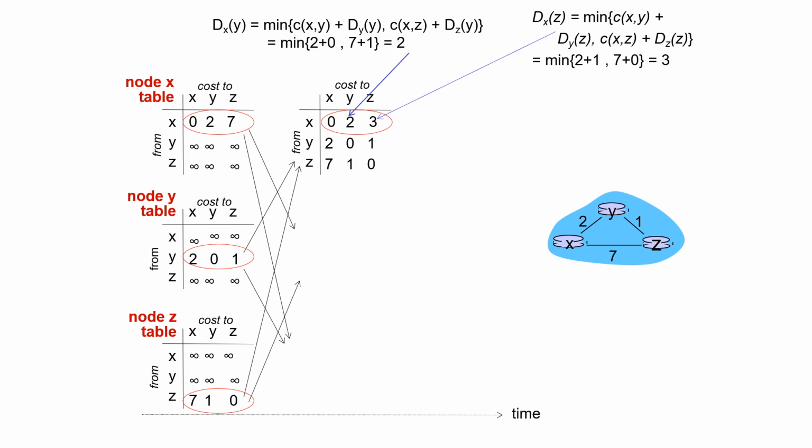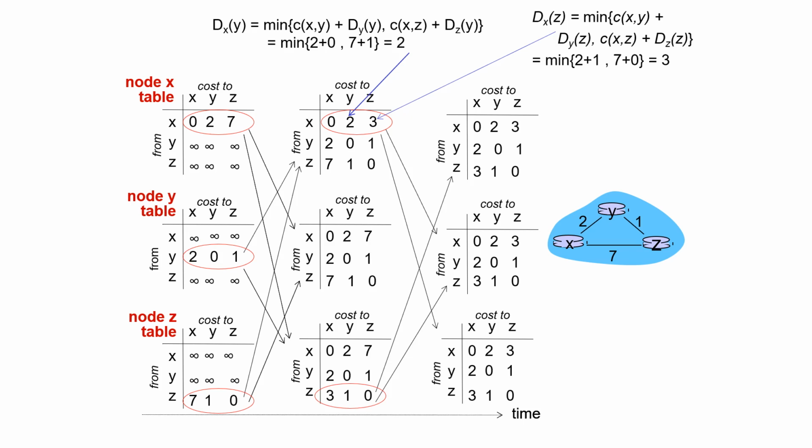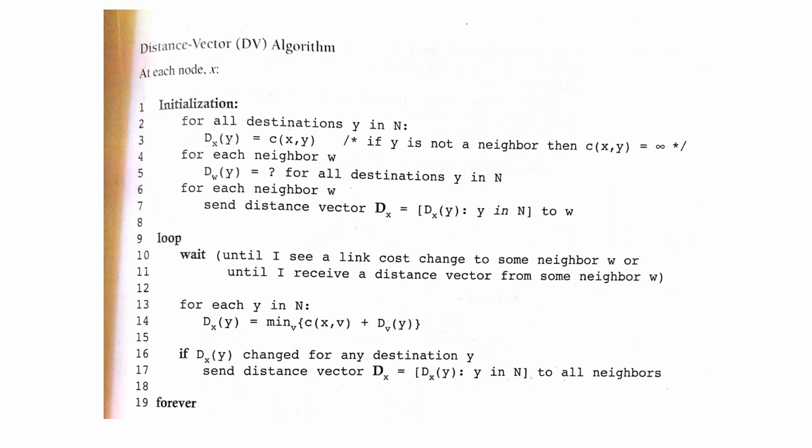Then X to Z is 7, Z to Z is 0. So 7 plus 0, 7. Minimum is 3. So it is updated with 3. Similarly, every other node is getting updated. This is the idea of the distance vector routing algorithm.